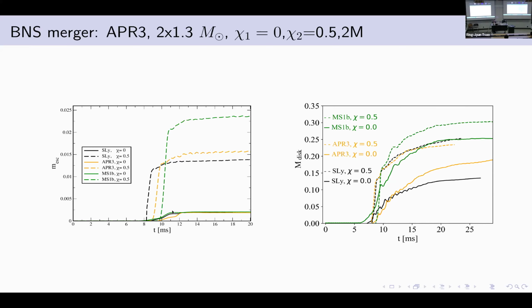If we look here, the solid curves are from the non-spinning case, where both stars are non-spinning, and we only get maybe 0.25% of the material being ejected, whereas with the spinning neutron star, we increase the amount of material that gets ejected up to 1.5 to 2.5%.